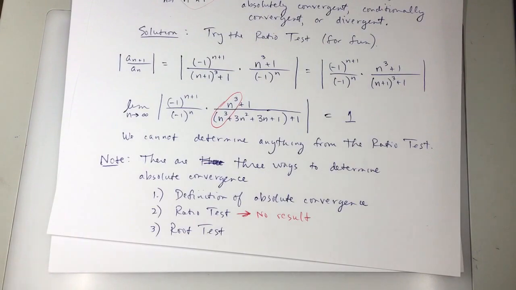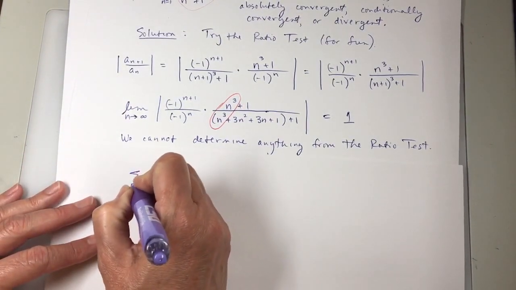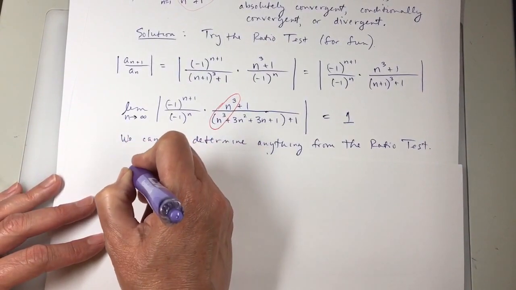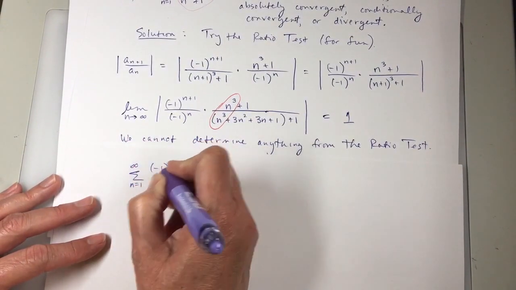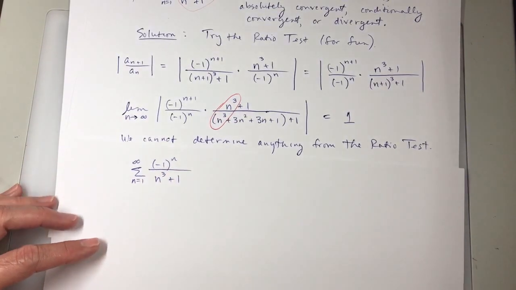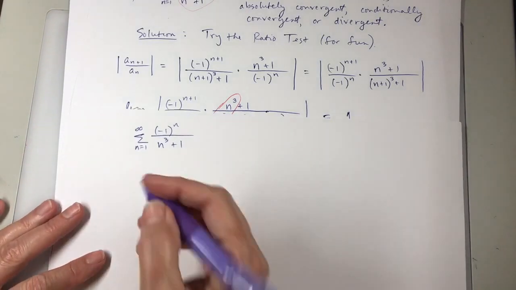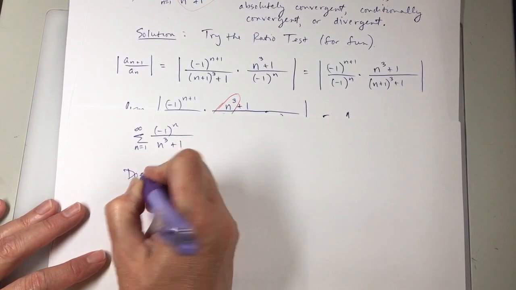Well, let's try the definition of absolute convergence. Here's the problem again. The sum as n goes from 1 to infinity of (-1)^n over n cubed plus 1. Well, the definition of absolute convergence is just to say, let's try this.